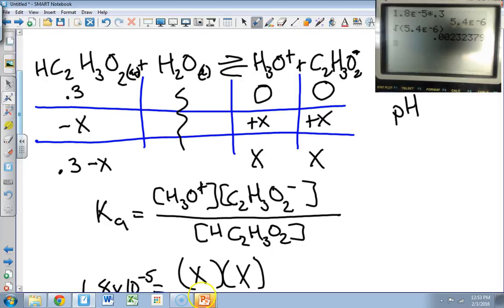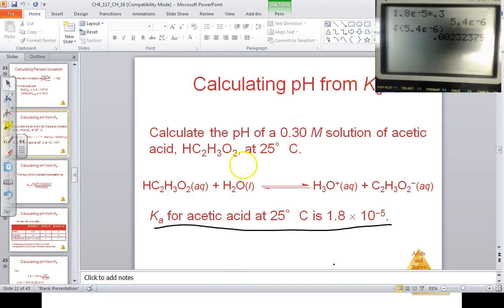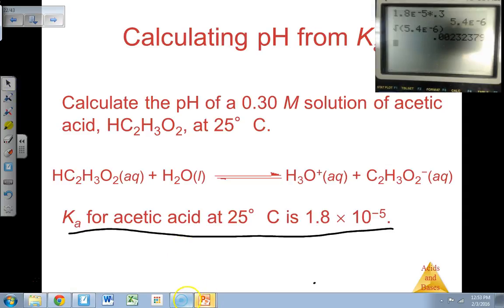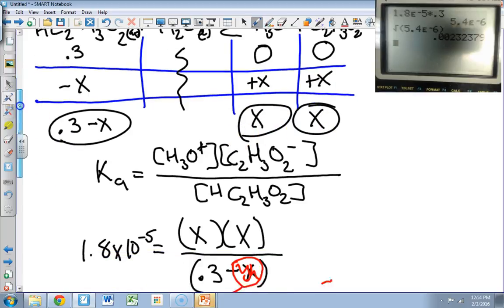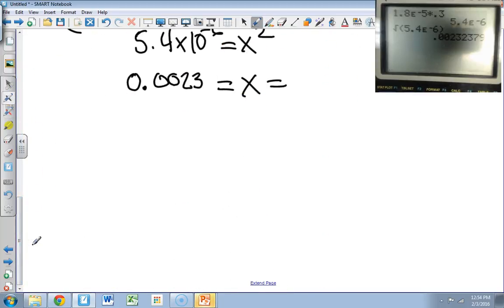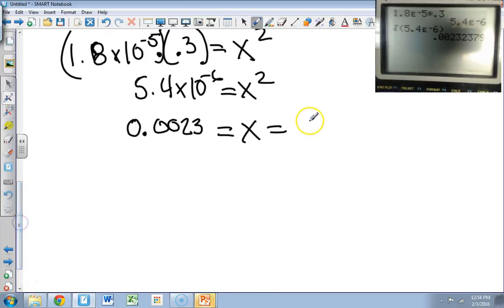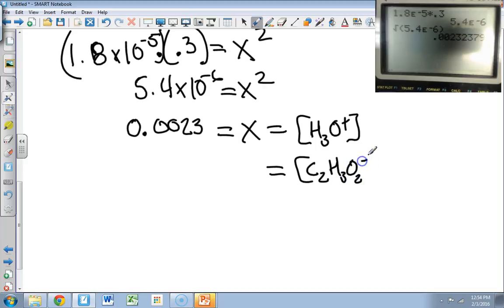I understand that the problem, when we go back and look at it, is really just trying to determine the pH, but just know that we can figure out all of these equilibrium concentrations. So that x equals the concentration of H3O plus, and it also equals the concentration of C2H3O2 minus.